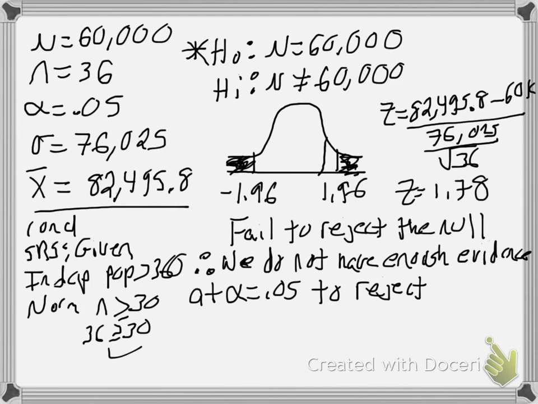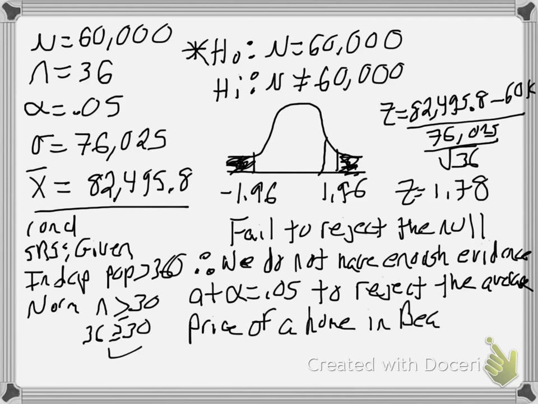Now, what are we rejecting? The average price of a home in Beaver County is $60,000.